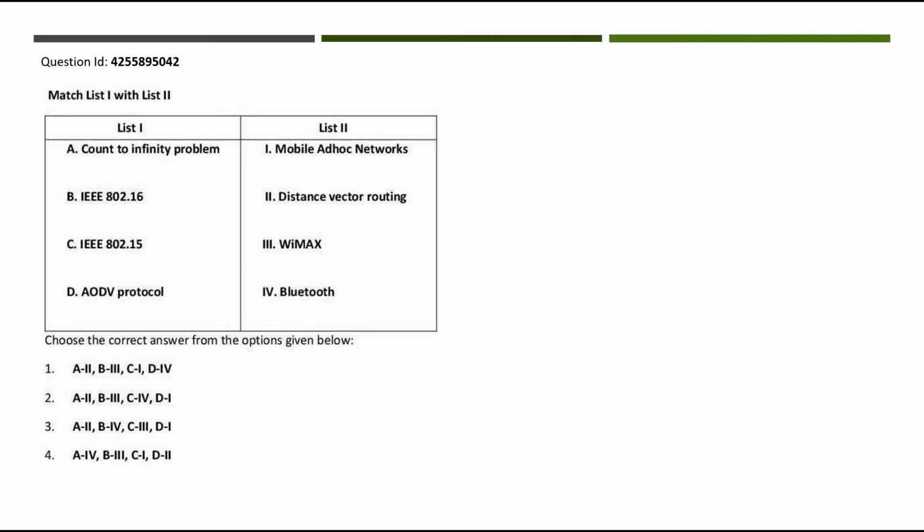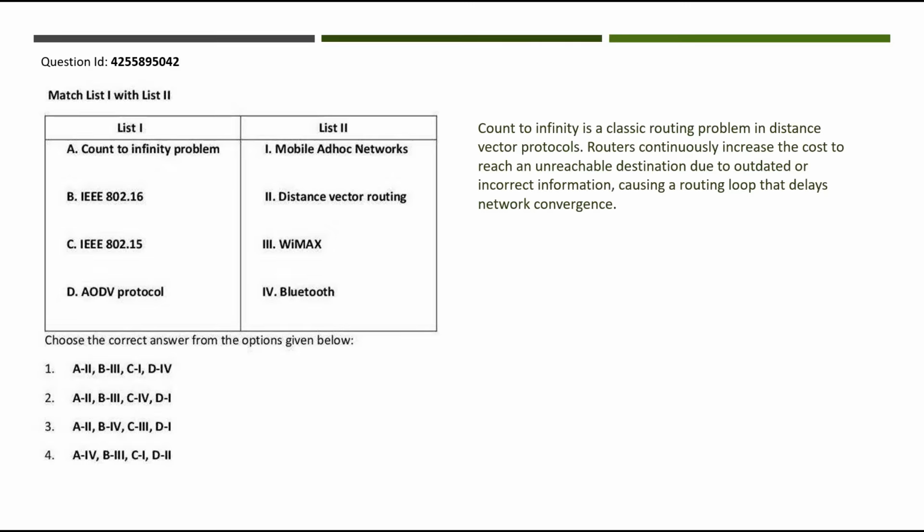Next question, match list 1 with list 2. So let's start with count to infinity problem. This is a classic routing problem in distance vector protocols. So distance vector routing algorithm will have this problem. A will be mapping to 2. A2 is actually available in 3 of the options.